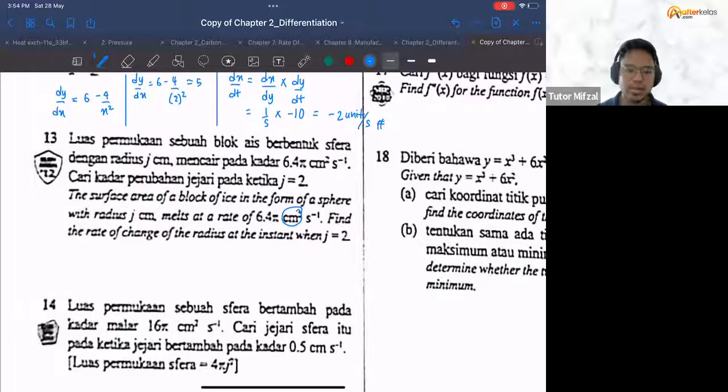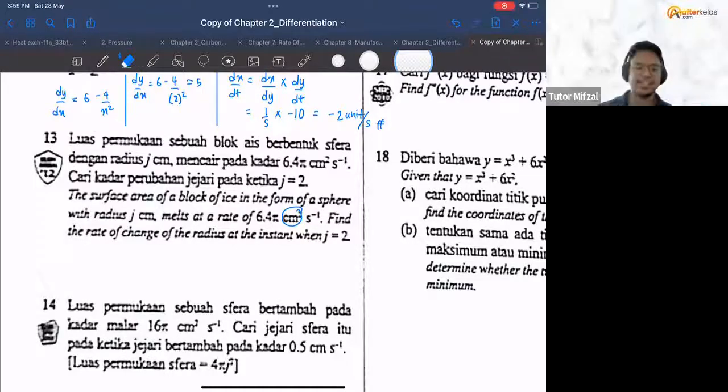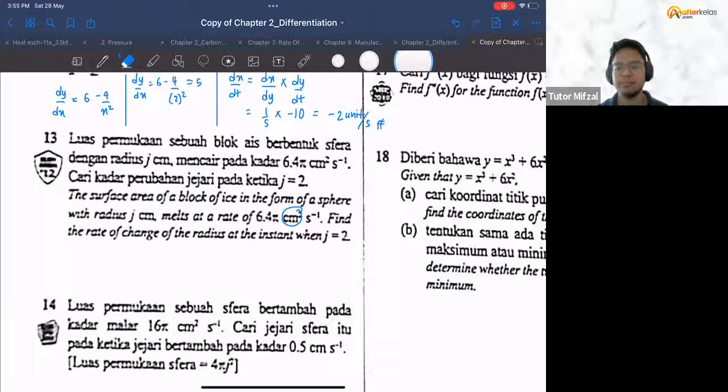Megat, do you want to try? What does centimeter square refer to? Square. Centimeter square is area. Okay, area, yes, right, area. So this is actually the change in area over time. Right? Centimeter square over second time.